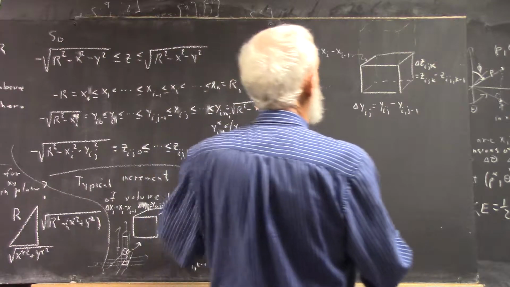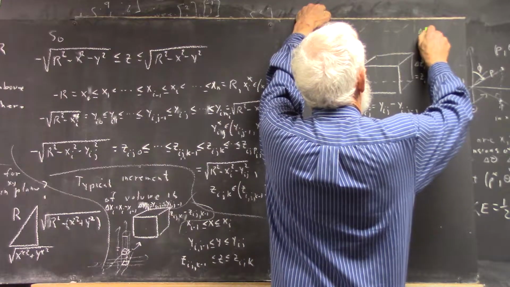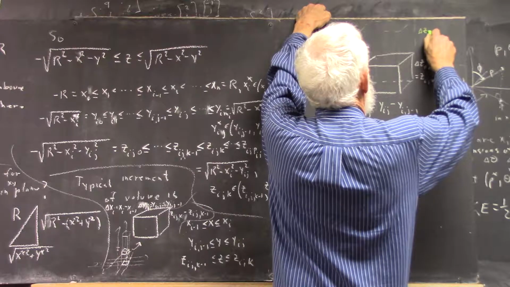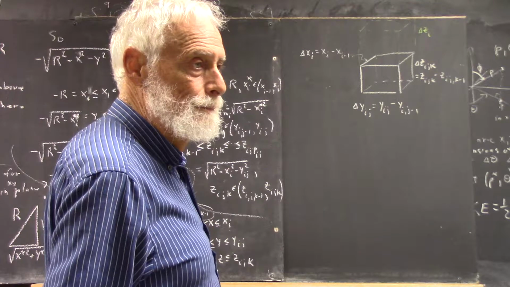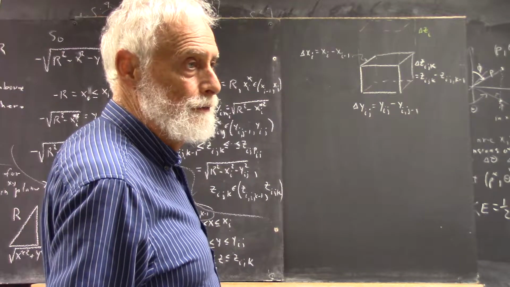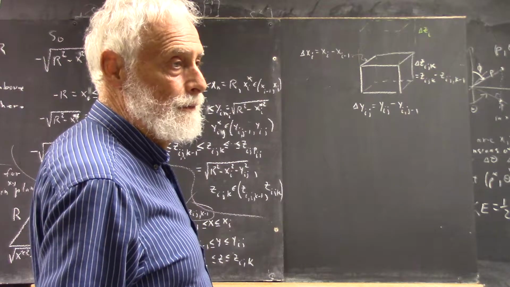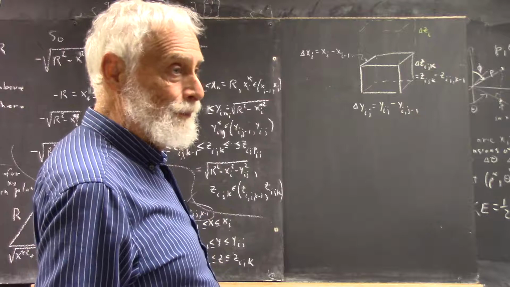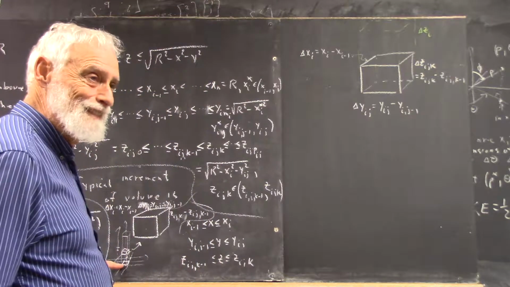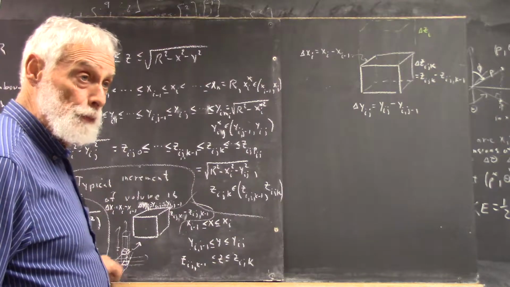So this one is delta z, what? ijk plus 1. Yeah, it's the k plus 1, right? Because i and j are fixed for any cube lying above this one, right?